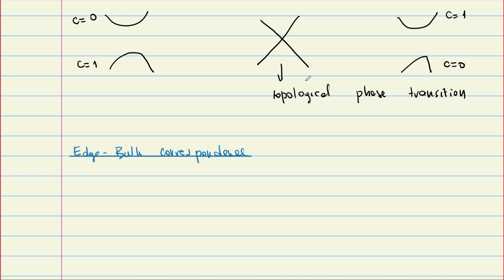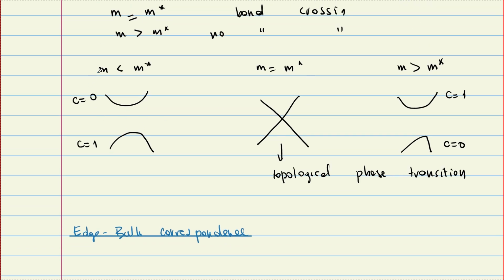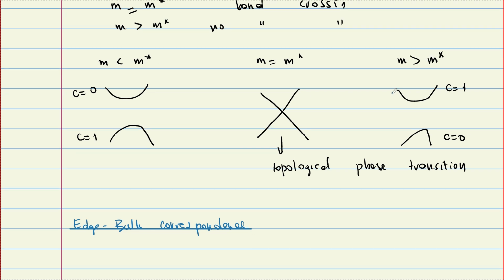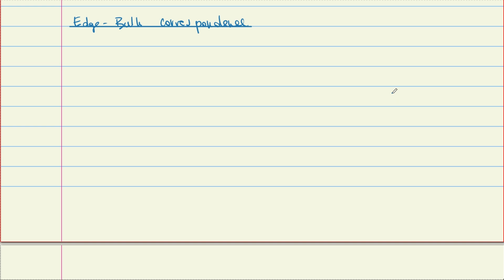Now suppose we are going from m less than m star to m bigger than m star in the real space. So what I mean is something like this. Suppose this is m, this is x, this is m of x, and this point here is m star.